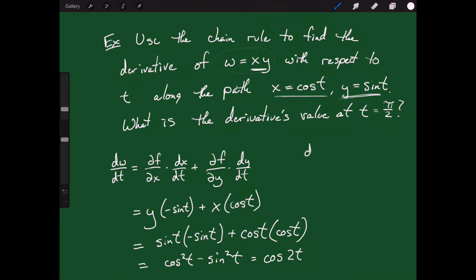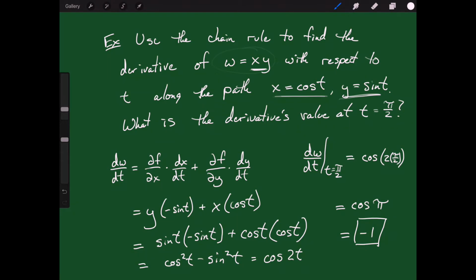So I could say, what is dw/dt evaluated at t equal to pi over 2? And I would get that that's just cosine of 2 times pi over 2. But cosine of 2 times pi over 2 is just cosine of pi. And cosine of pi is otherwise known as negative 1.